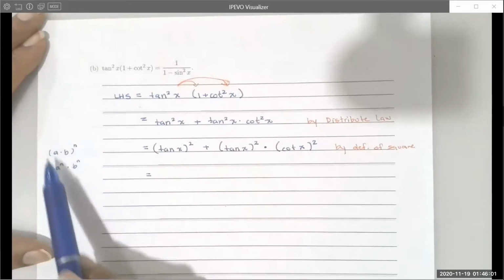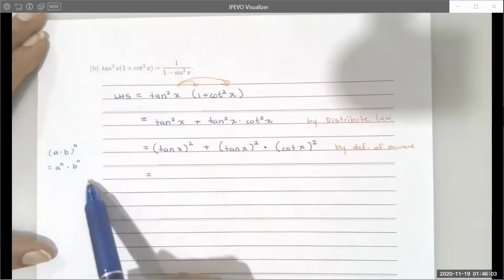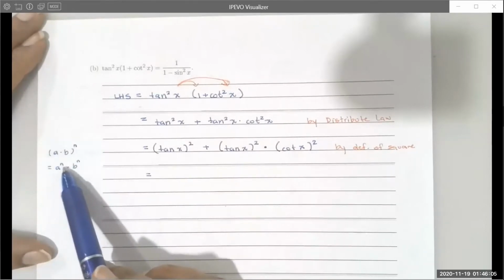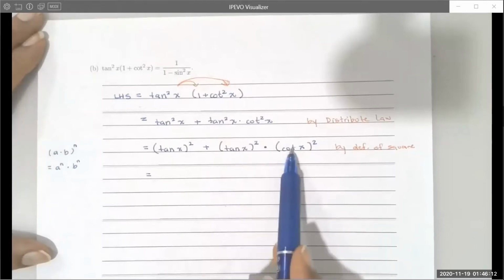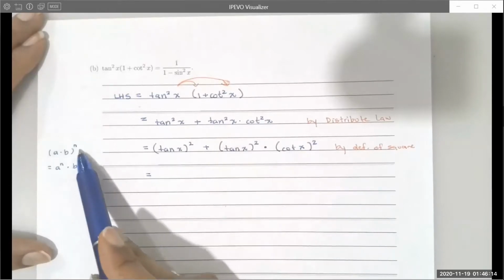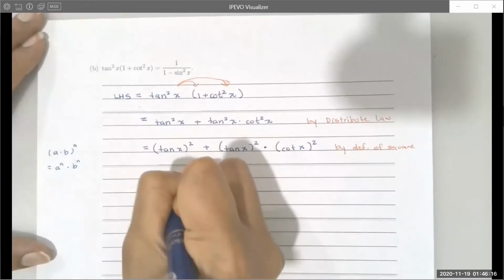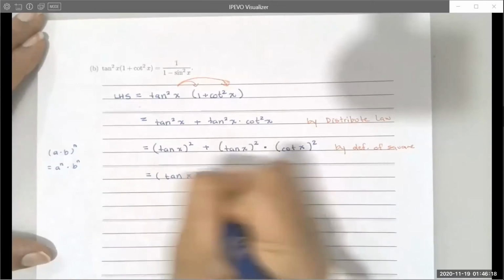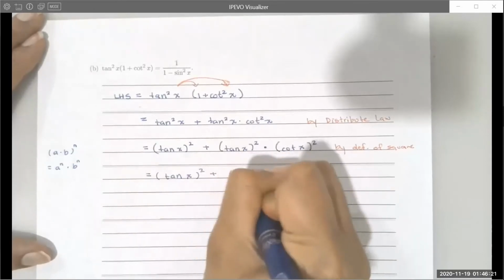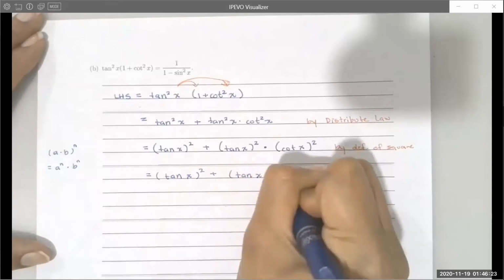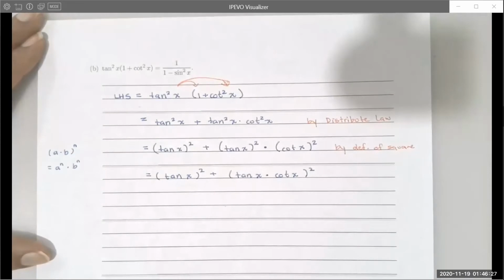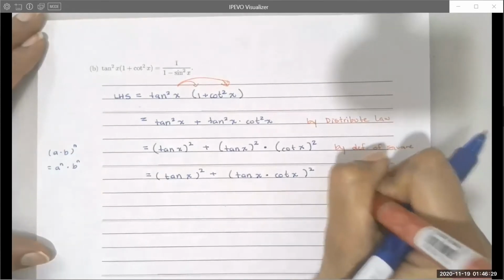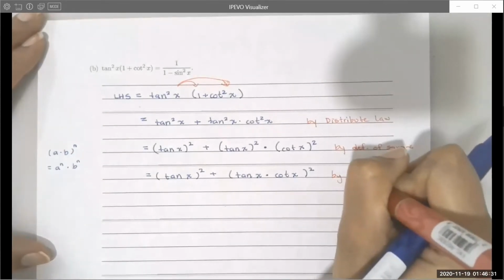So we're going to be using this law, but in reverse, because currently what we have is something like a to the n times b to the n. I'm going to write this as a times b, which would be the tan x times the cotangent x, and then the exponent all the way outside. And we'll see why in a second. But we're going to write it as tan x times cotangent x and the square outside. And this is just by the power rule for products.